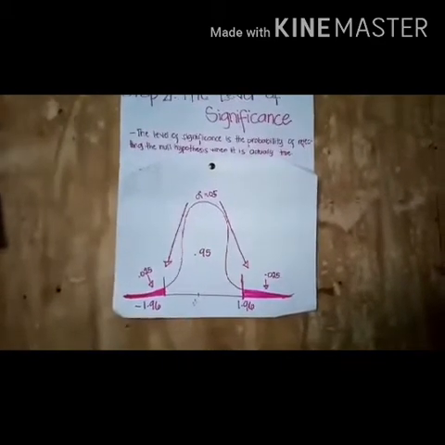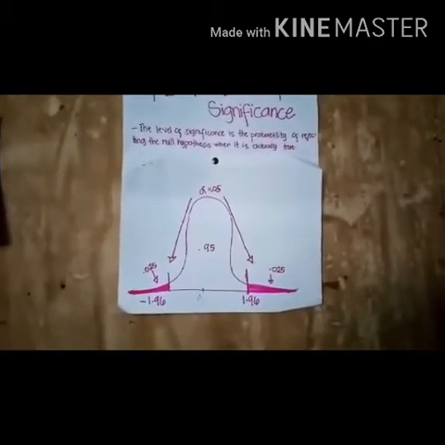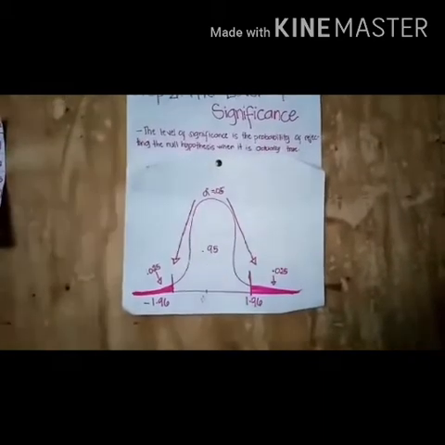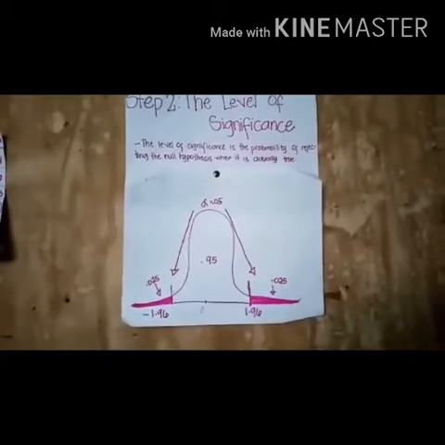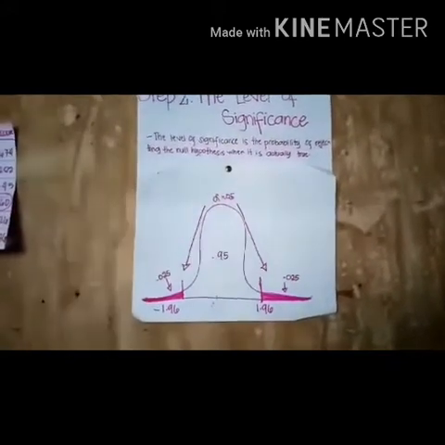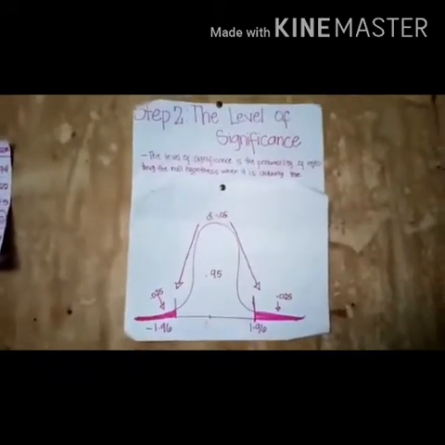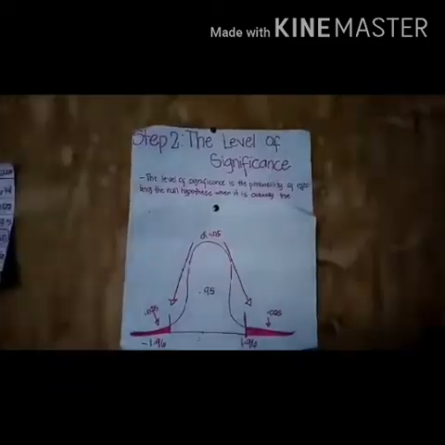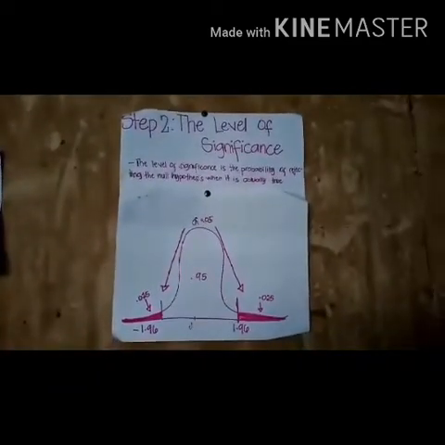And as you can see, these two tails are symmetrical, so they have the same area. And if we combine the 0.025 and the other side, which is 0.025, we get our significance level, which is 0.05.